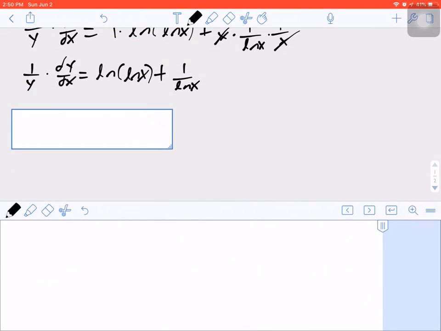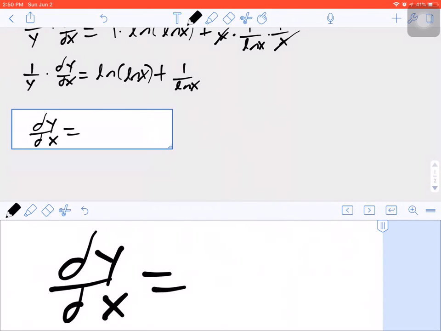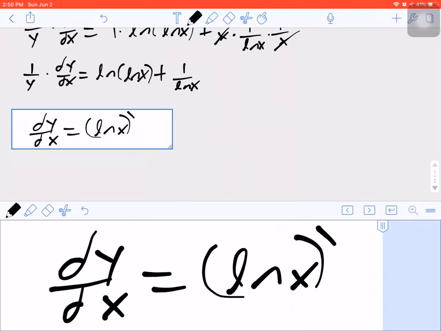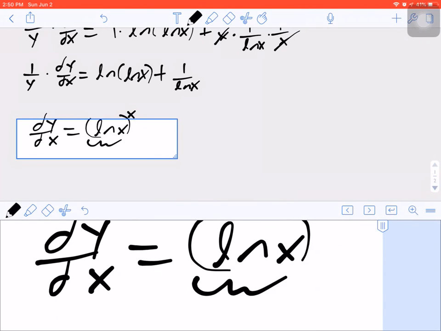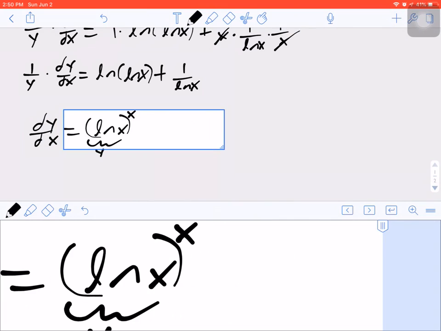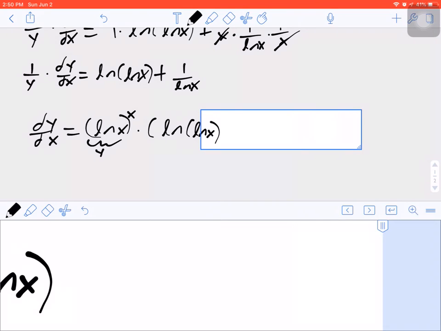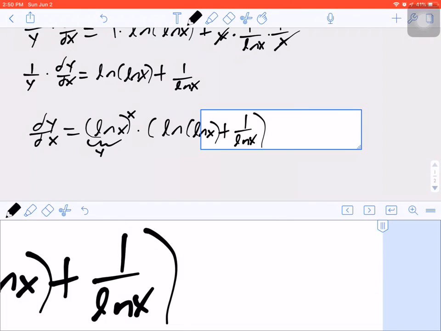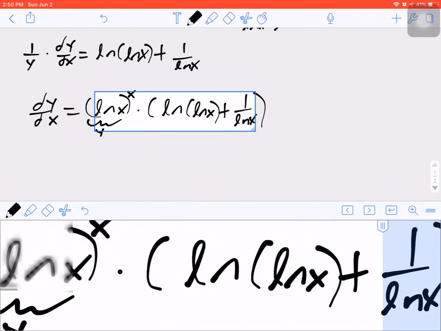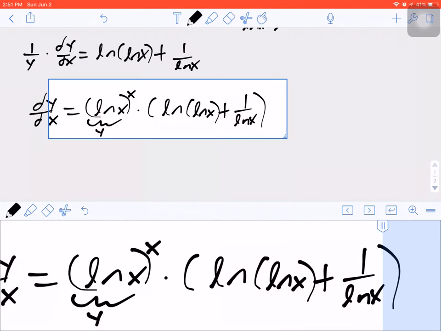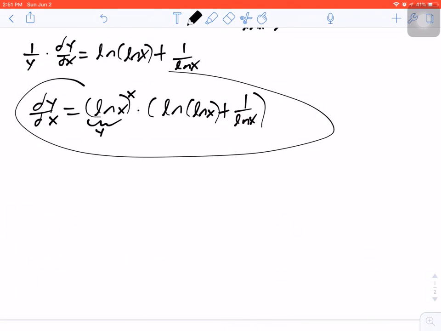So we're multiplying the y over, and it's x to the x power, which is y, times ln of x plus 1. So that right there is your derivative equation. It's a pretty big one.